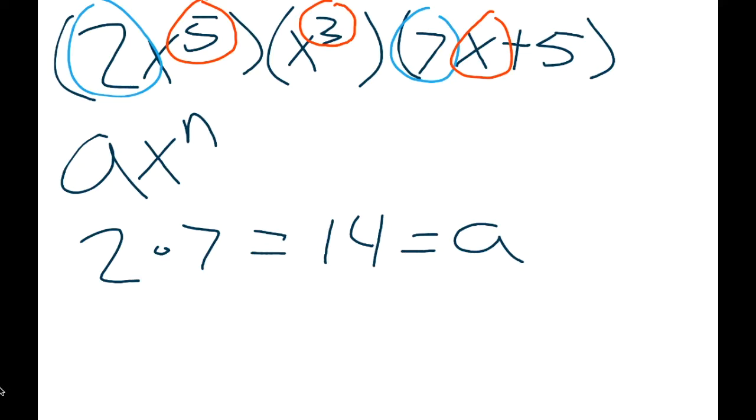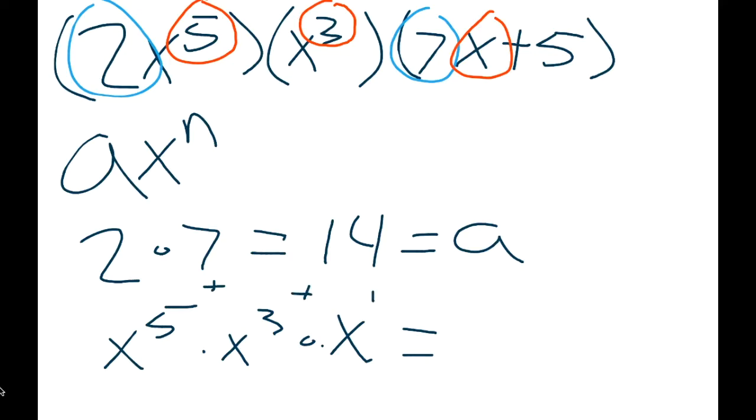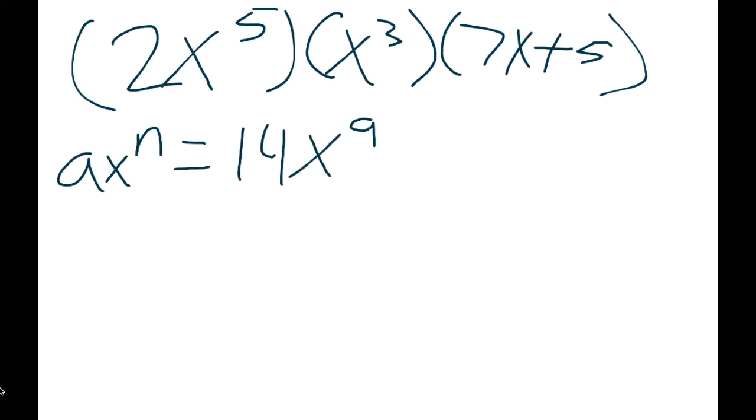So we would get x to the 5th times x to the 3rd times x, which equals, since we have to add them, 5 plus 3 plus 1, which equals 9. x to the 9th. When determining the end behavior for this problem, we can now see that our coefficient is positive and our exponent is odd.